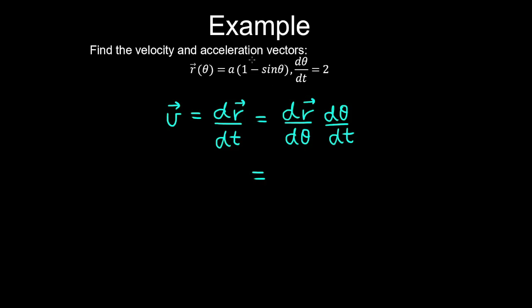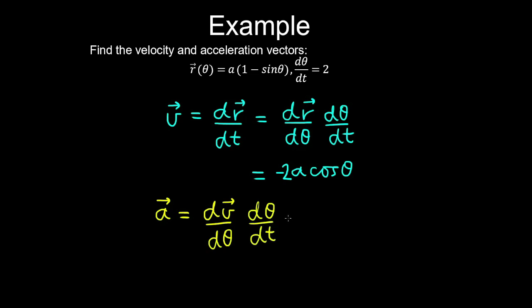So dr d theta is minus a cosine theta by d theta dt, which is 2. And we can obtain the acceleration by differentiating the velocity with respect to time. So again, applying the chain rule, we have dv d theta by d theta dt. So that gives 2a sine theta, and multiplied by d theta dt, we get 4a sine theta.